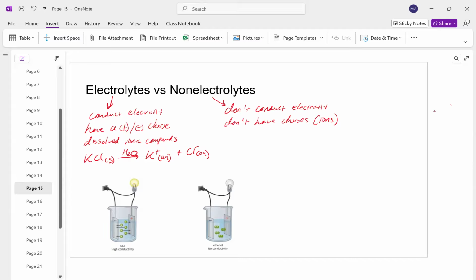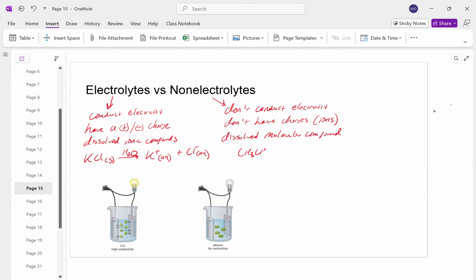Now, they might have some partial charges due to polarity or something like that, but they don't have a full plus. They don't have any ions, so to speak, because they dissolve as a molecular or covalent compound, and they don't dissolve into ions.